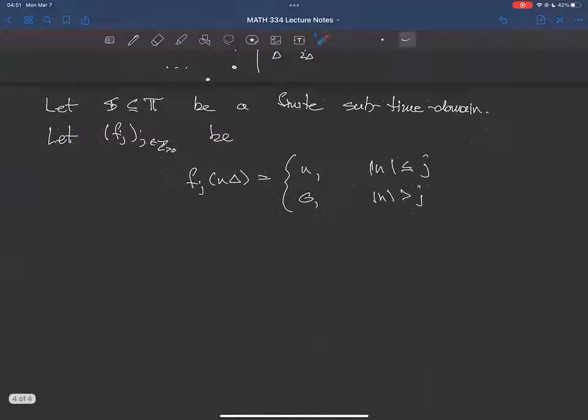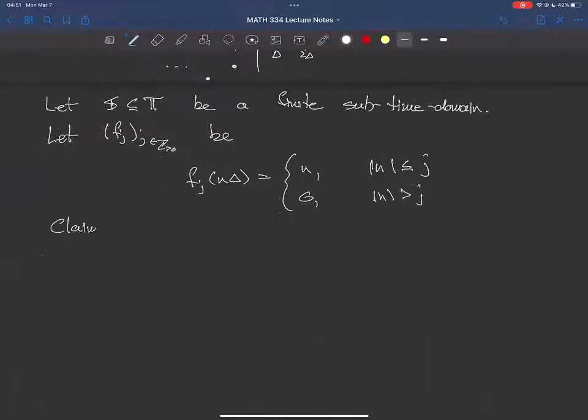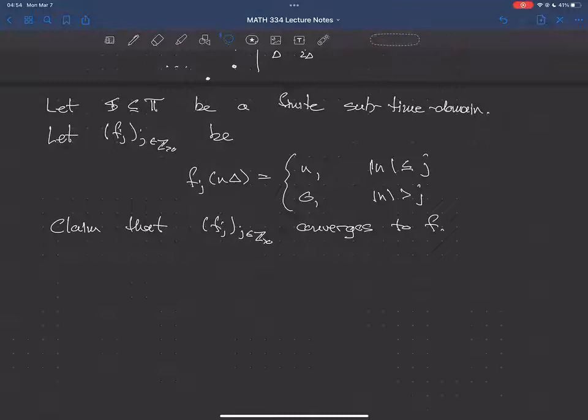All right, so we claim then that fj converges to f. I'm going to move this business down here since I put it in the wrong place.